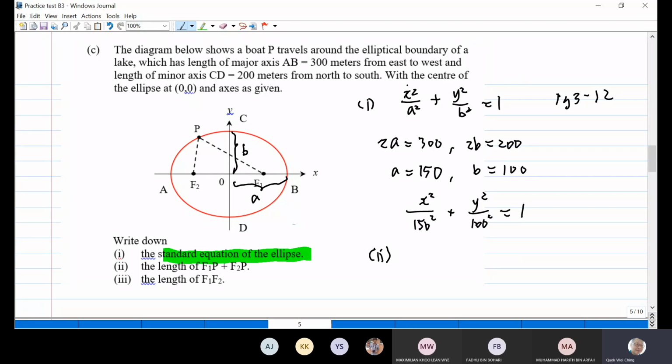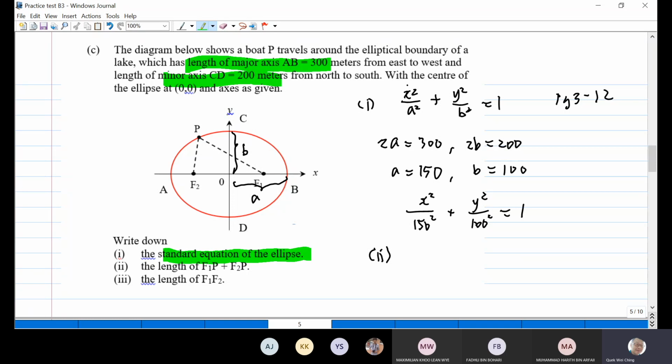So in this question, you have a few things. The length of the major axis AB is 2a, and then CD is 2b. This information is given to you. Now, the lengths F1P and F2P.